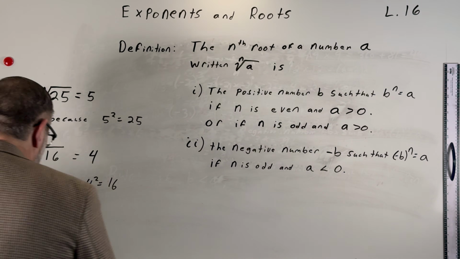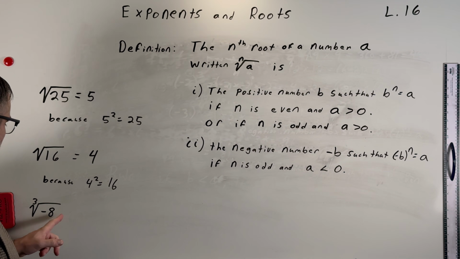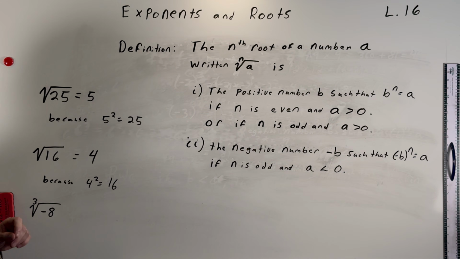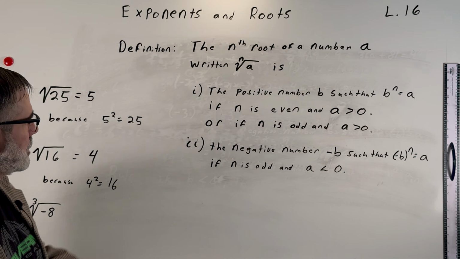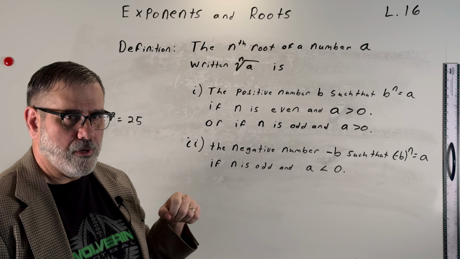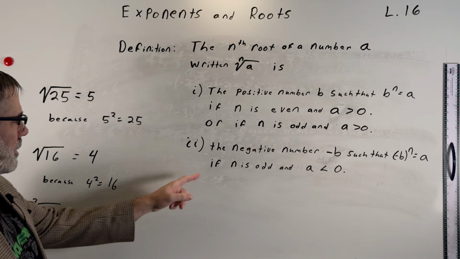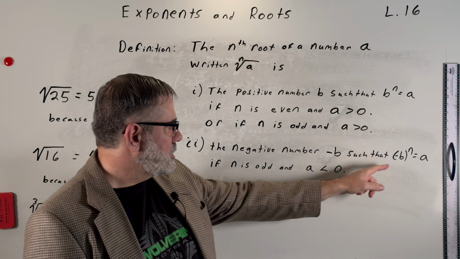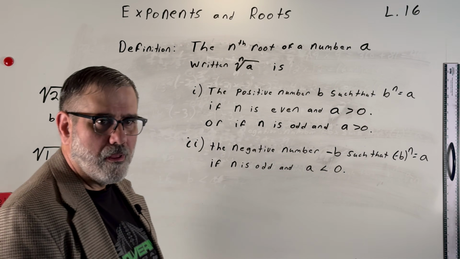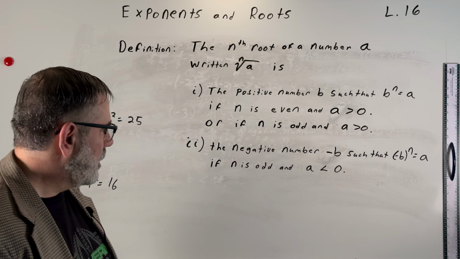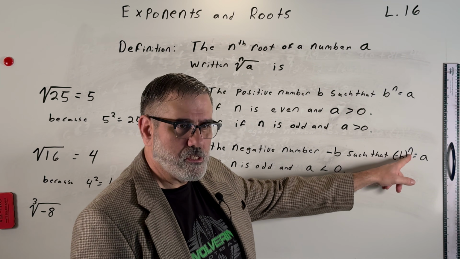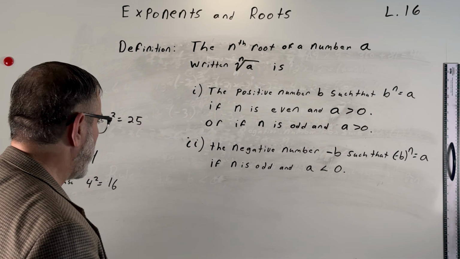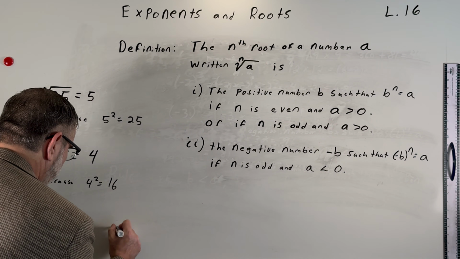Well, I already told you that we're not going to be considering, right now anyways, negative numbers under the radical if n is even. Well, here we have n being odd, right? So we're looking for something, b, the base, which we don't know what it is yet, that's our answer, raised to the n power, in this case 3, is equal to a, where a is minus 8.